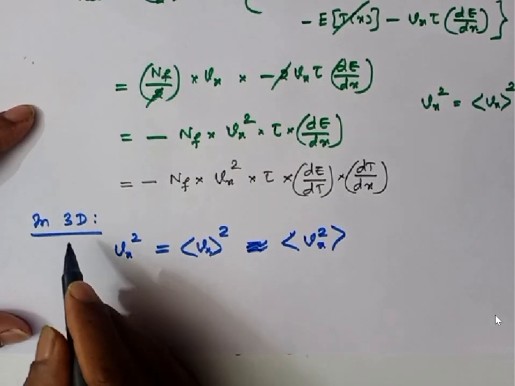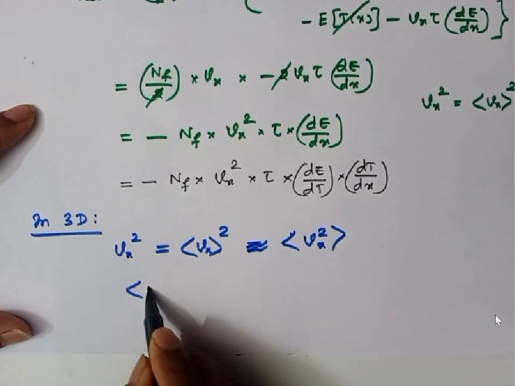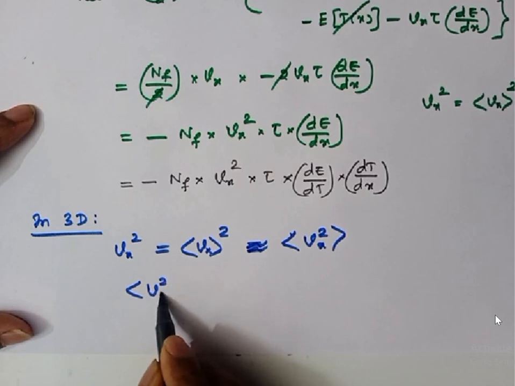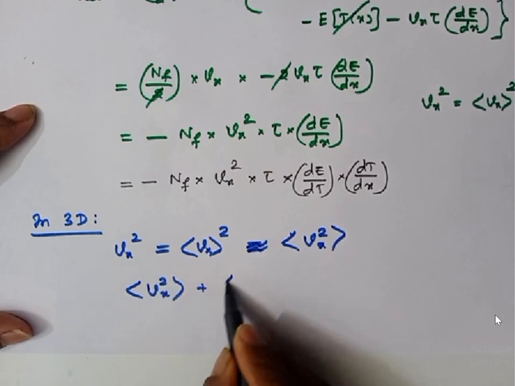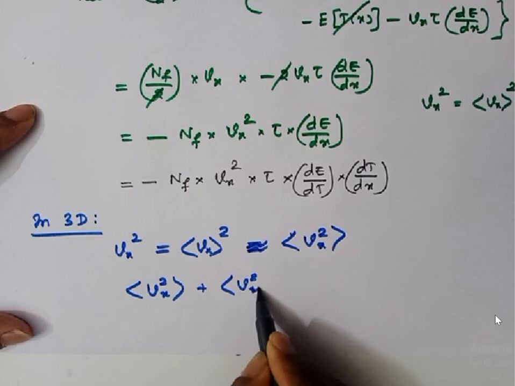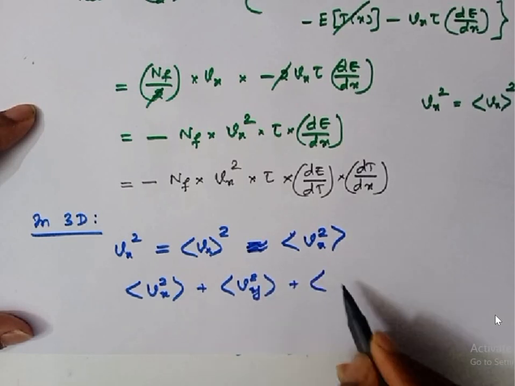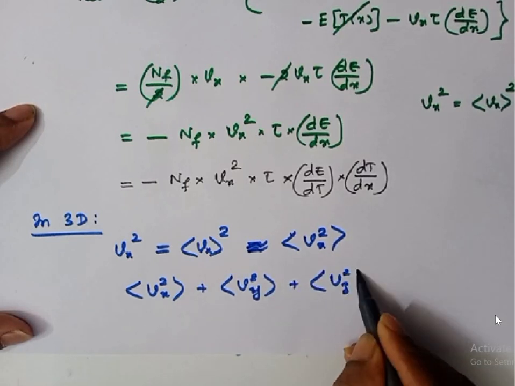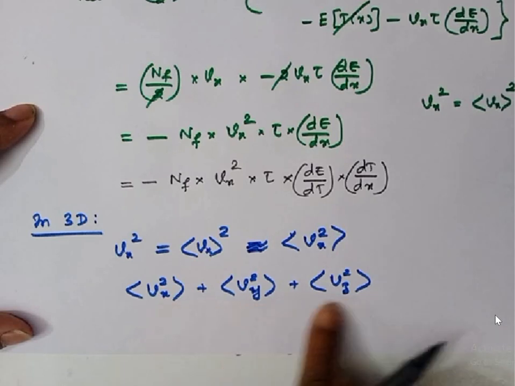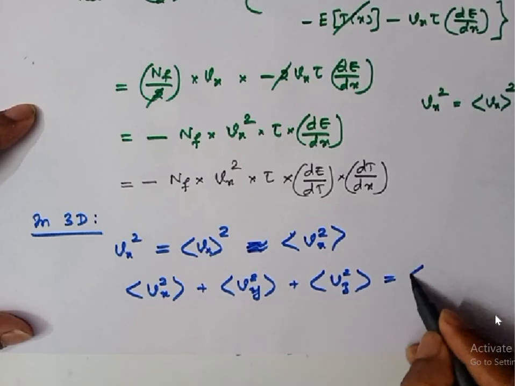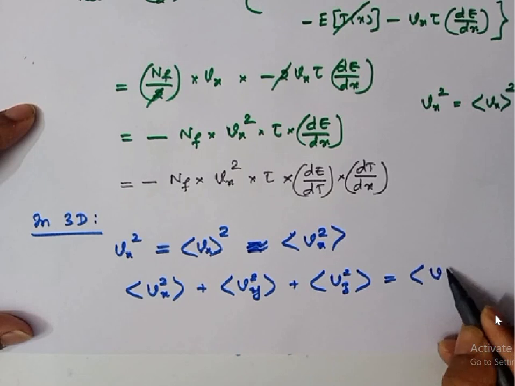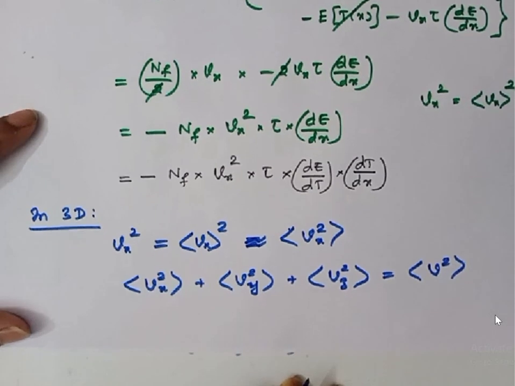Now we also know that in 3 dimension, the average of the square velocity along x, plus the average of the square velocity in y direction, plus the average of the square velocity in z, the x component, y component, z component, if you add all these 3, you will get the average of the square of the net velocity.